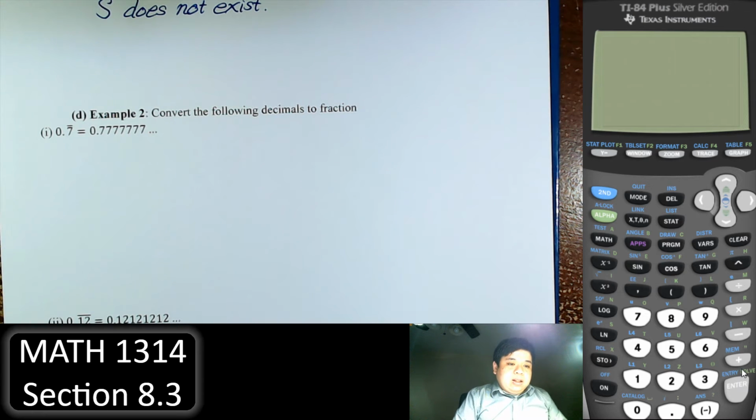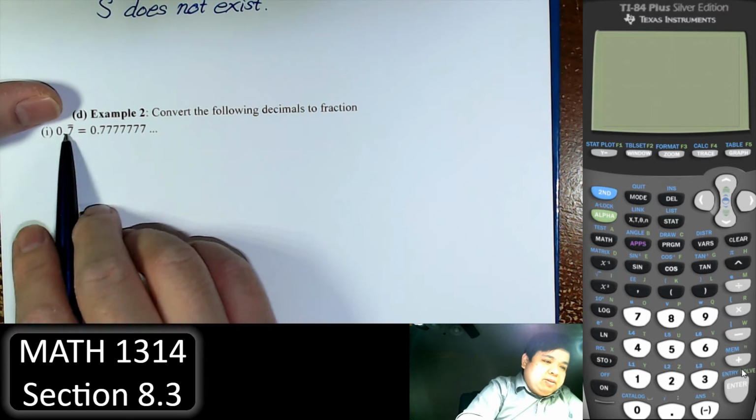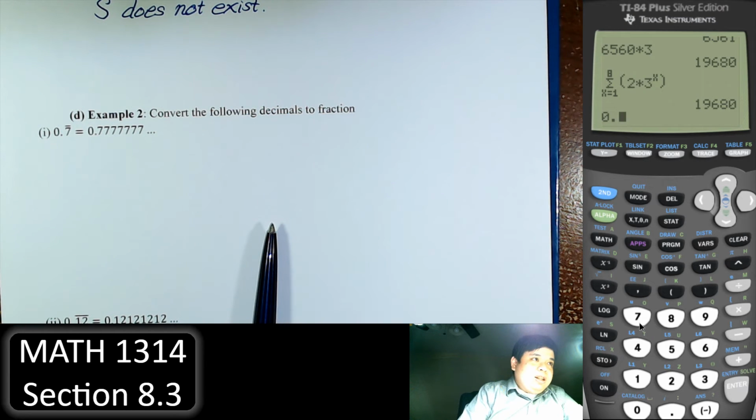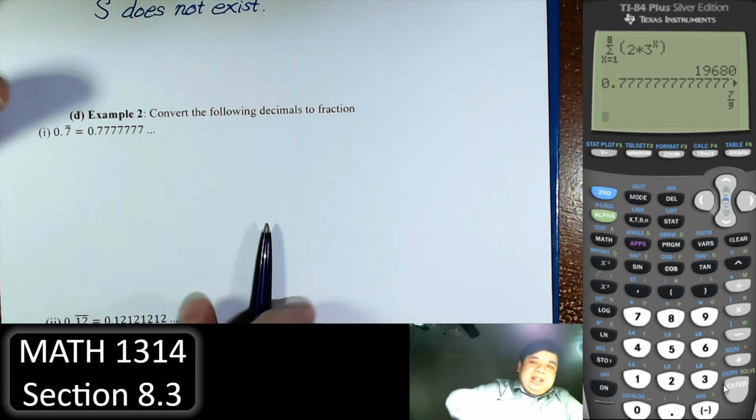Right, next, convert the following from decimal to fraction. This is an infinite repeating decimal. Of course, the easiest way is to just convert it to a fraction.